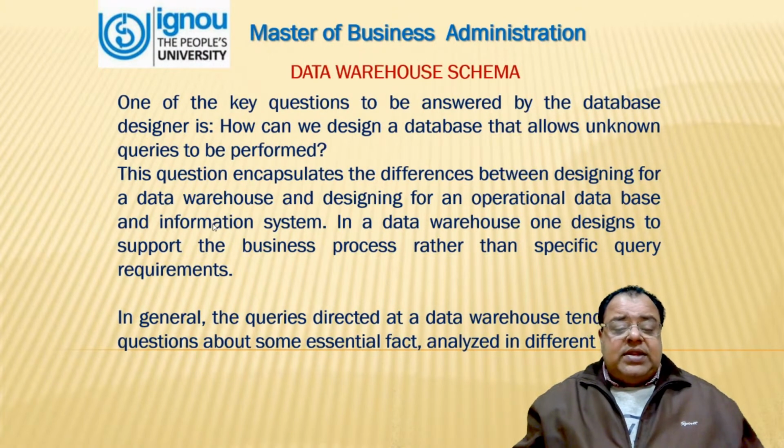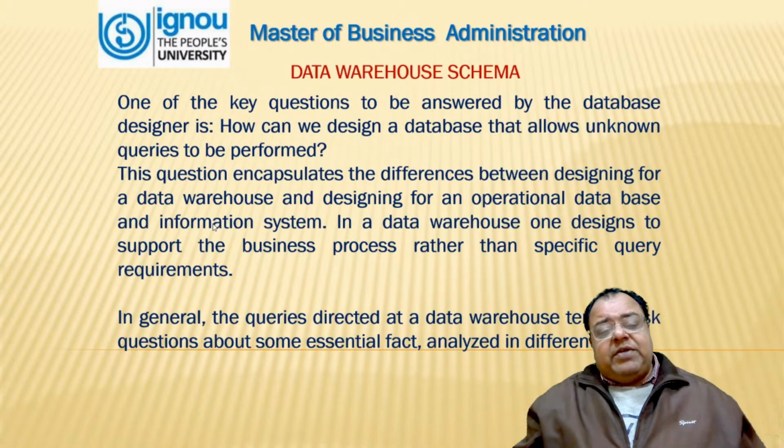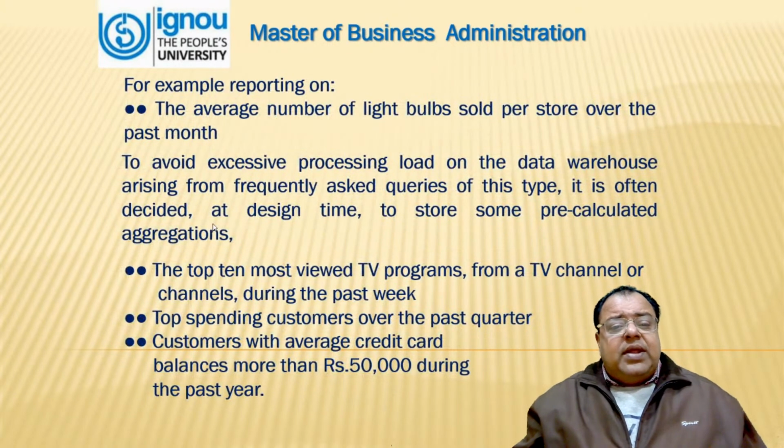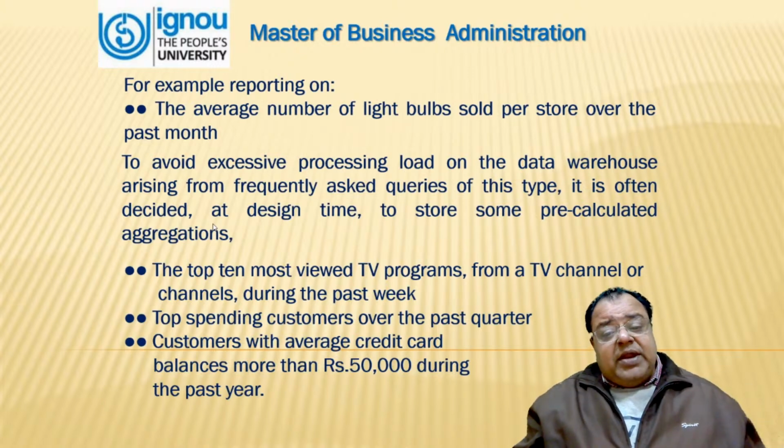In general, the queries directed at the data warehouse tend to ask questions about some essential facts analyzed in different ways. For example, reporting on the average number of light bulbs sold per store over the last month. To avoid excessive processing load on the data warehouse arising from frequent queries of this type, it is often decided at design time to store some pre-calculated aggregations.